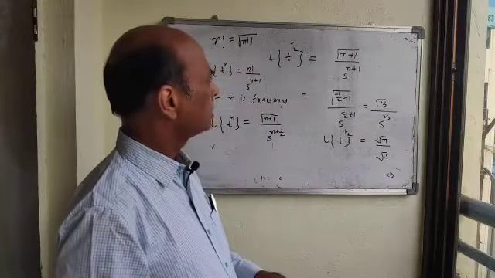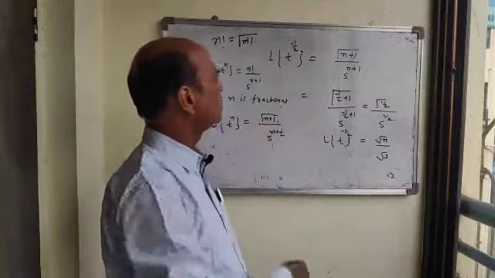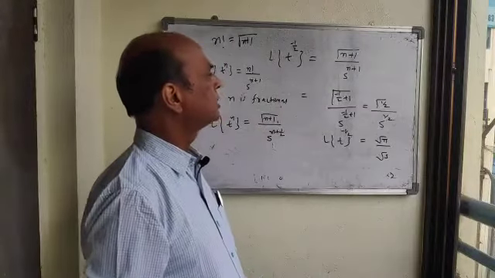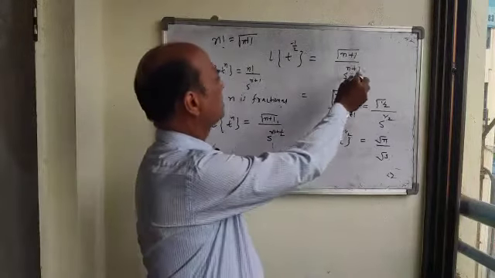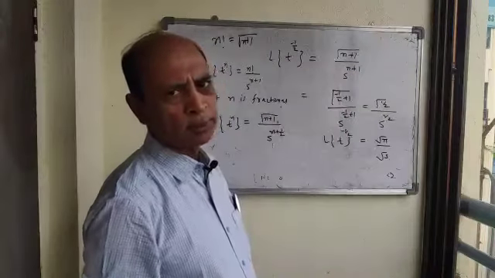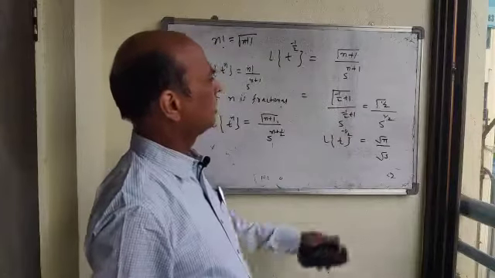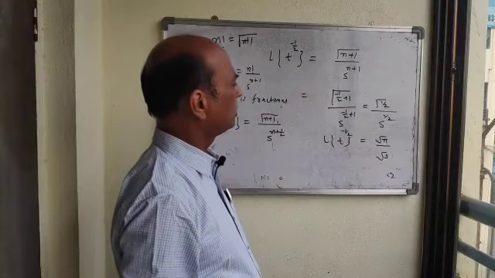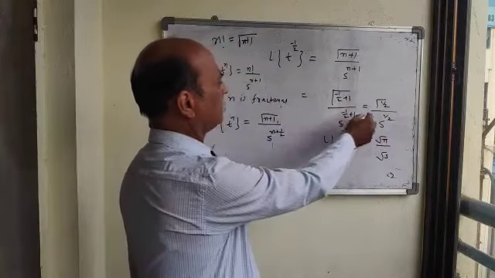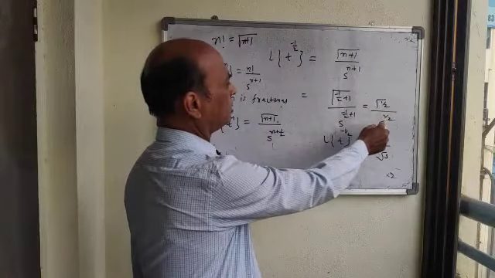So by using this, now we will find L of t to the power minus half. That is equal to gamma n plus 1 upon s to the power n plus 1. So here n is equal to minus half. So gamma of minus half plus 1 upon s to the power minus half plus 1, that is equal to gamma of half upon s to the power half.